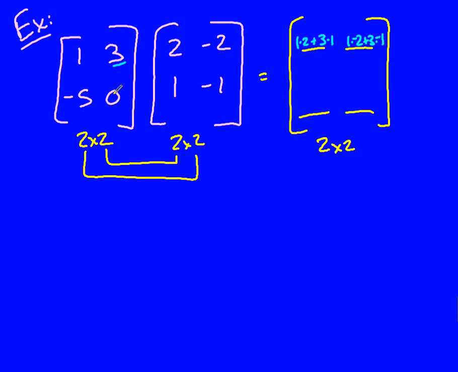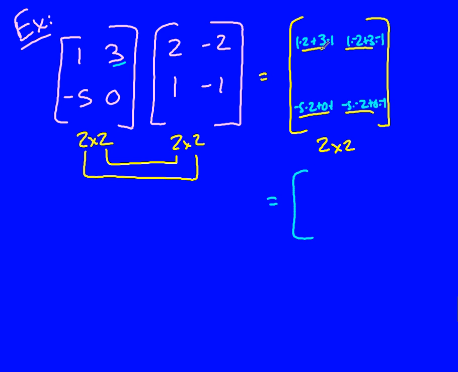So I'll take second row elements times first column elements, meaning it's negative 5 times 2 and 0 times 1. And then for the last one, second row, second column: negative 5 times negative 2 plus 0 times negative 1.